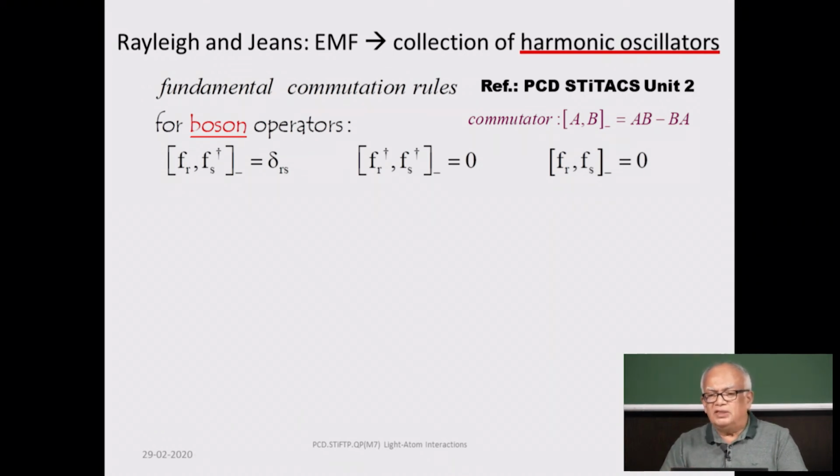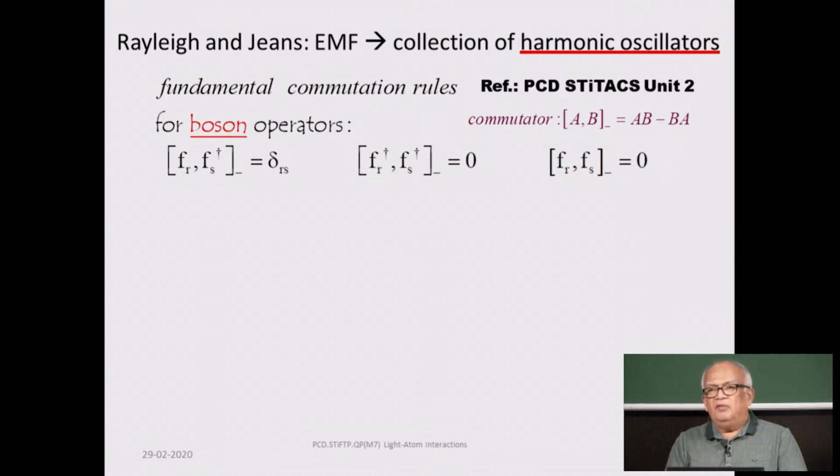You can go through this earlier material, but essentially you now have the creation and destruction operators for two types of particles. One is the Fermi particles and the other are the Bose particles, and here we are dealing with bosons. The creation operator F dagger and the destruction operator F satisfy these commutation rules: for mode R and mode S, the commutator of Fr and Fs dagger, which is Fr Fs dagger minus Fs dagger Fr, is the usual commutator, right?